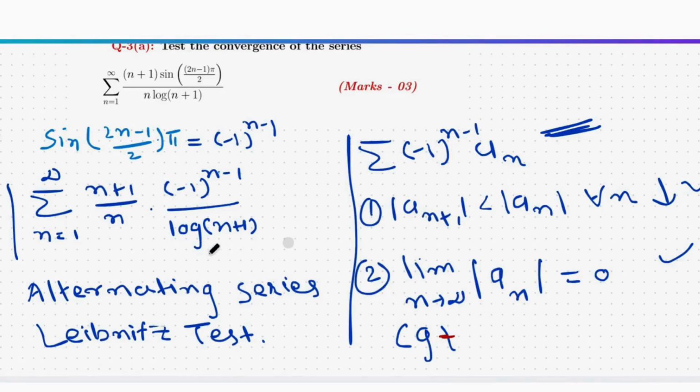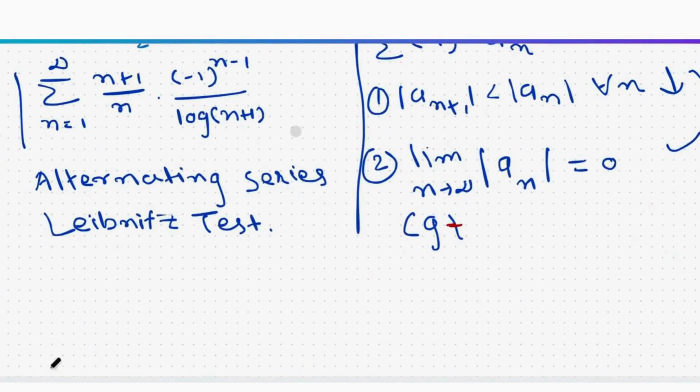Okay? So let's start. For the given series, what is the an? An is equal to n plus 1 upon n. So now each term is divided by n. So what we get, 1 plus 1 upon n.